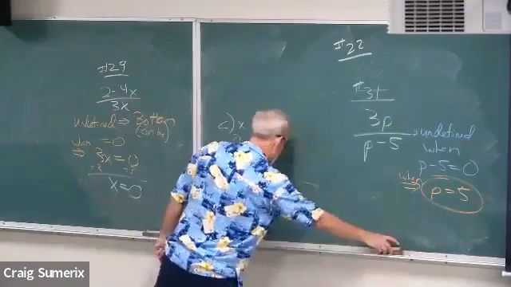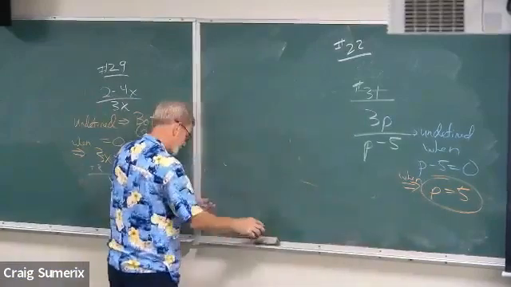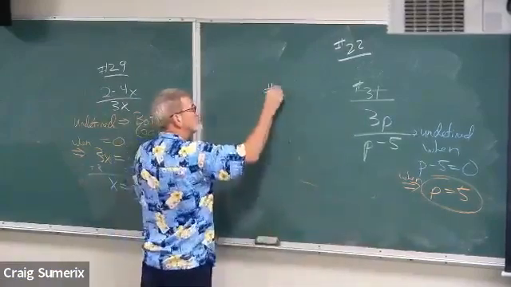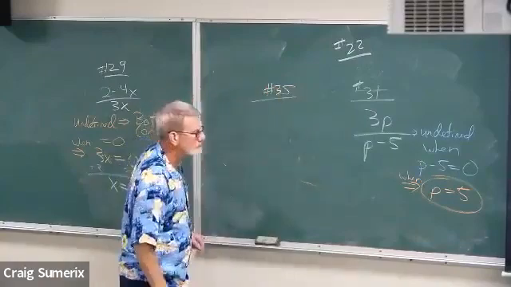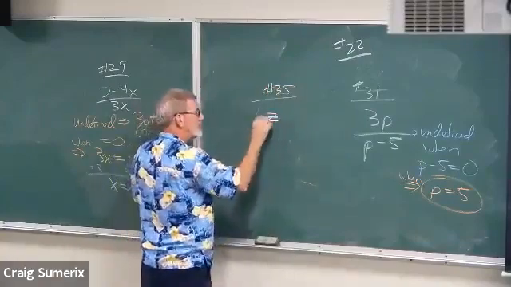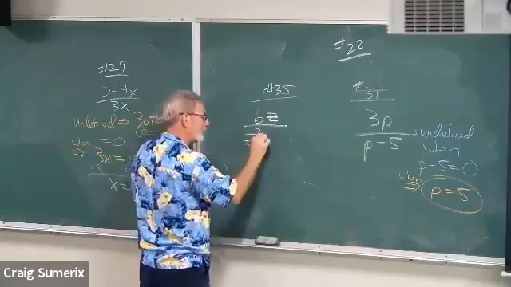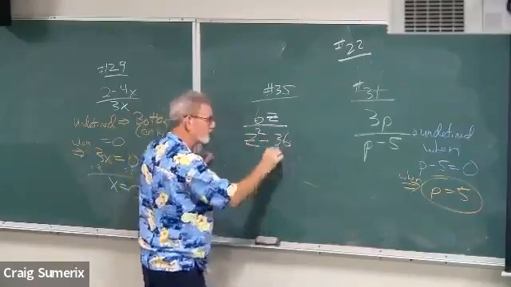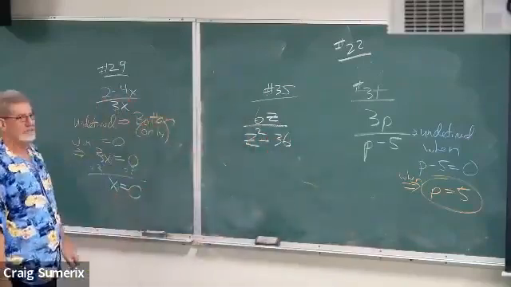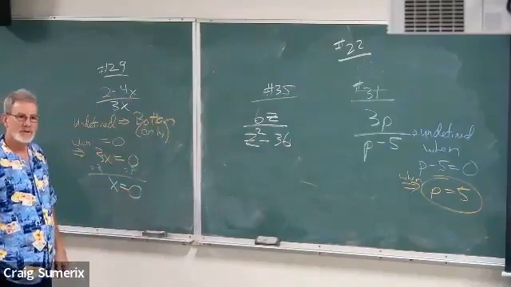What about something like 35? Six z over z squared minus 36. When is it undefined?